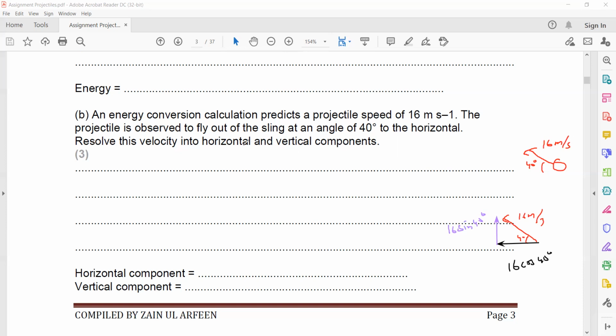As we use a trigonometric ratio, we can identify the horizontal and the vertical components here.